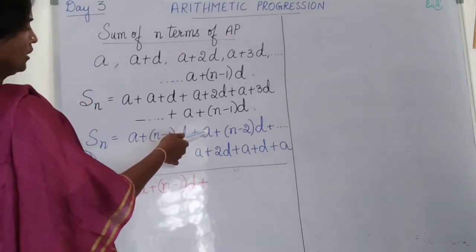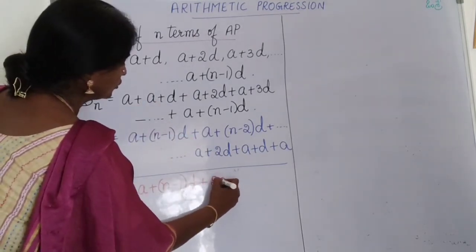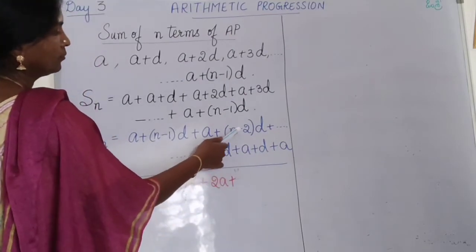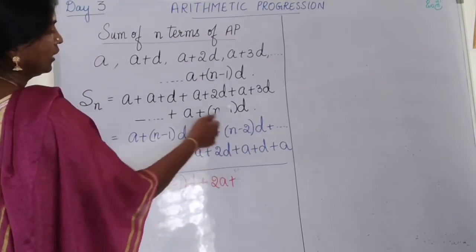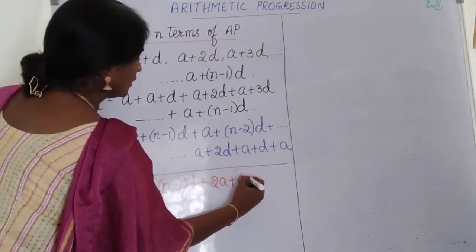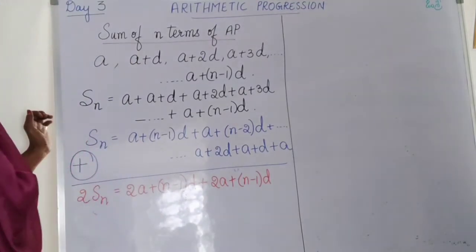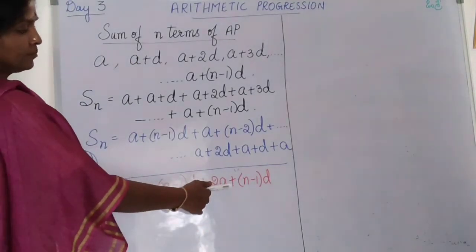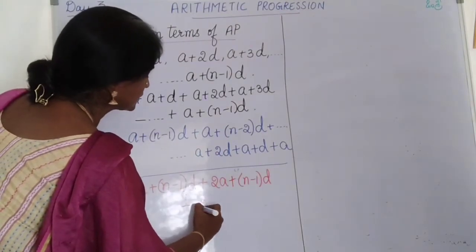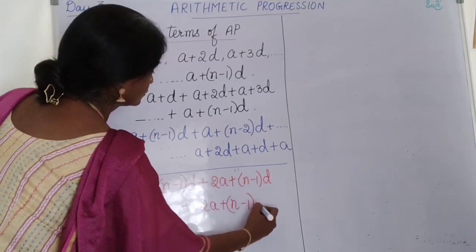when you add this a again with the second term, it becomes again 2a plus n minus 2 into d plus d, which gives again n minus 1 into d. Hope you followed this step. Similarly we get the same term for the last sum also.